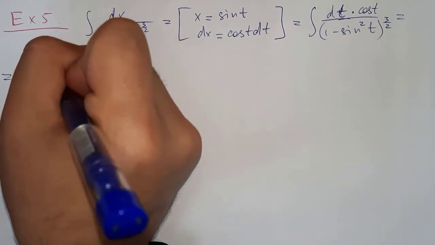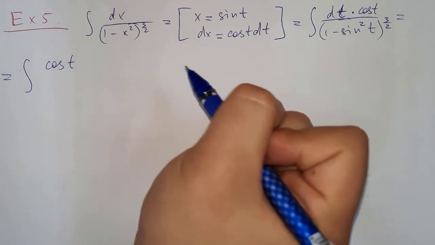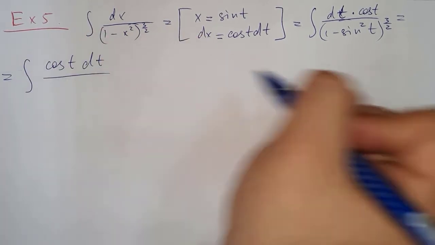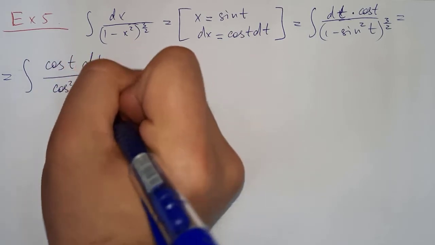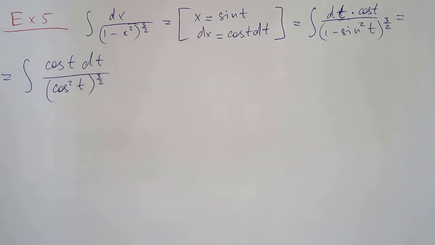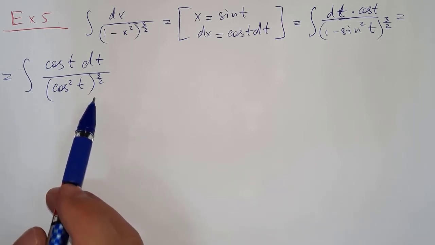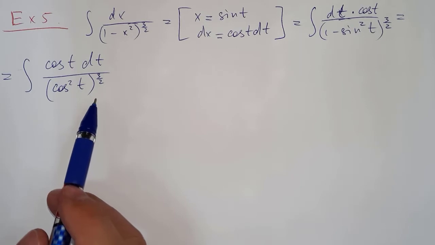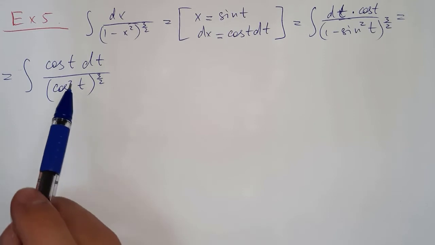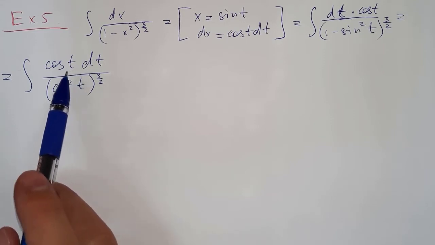So what we get here is cosine t dt over cosine squared t to the power of 3 over 2. So this is cosine t to the power of 1 minus 3 over 2, that is, just cosine squared t, yes? Because this is cosine t to the first power.